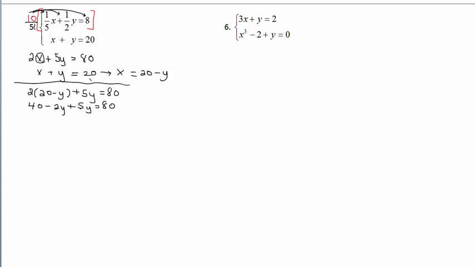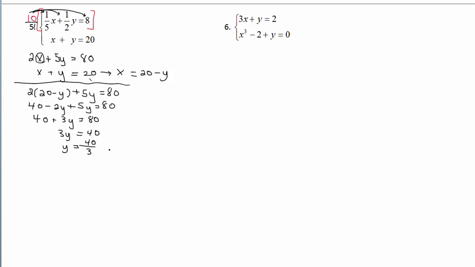Let's collect. So I'm going to have 40 plus 3y equals 80. Subtract a 40. Divide both sides by 3. I'm going to leave my answer as an improper fraction. It's simplified, so I'm just going to leave it as 40/3.